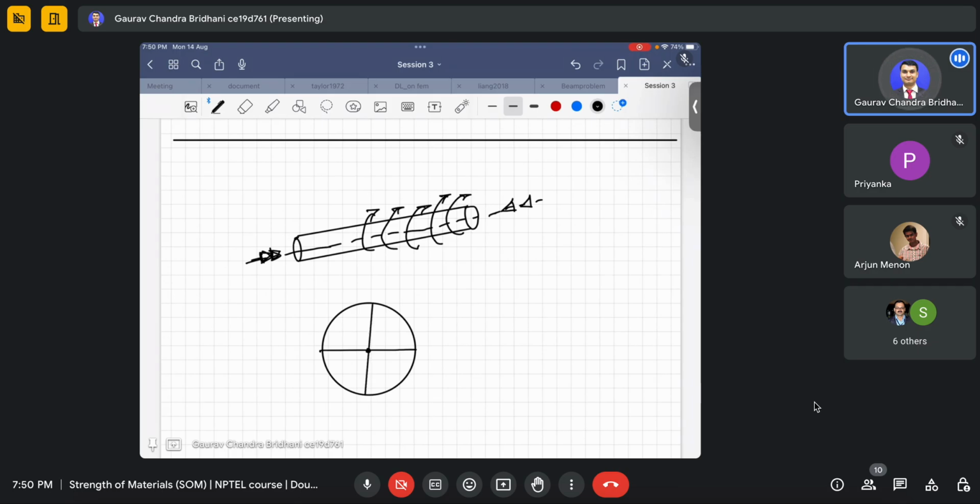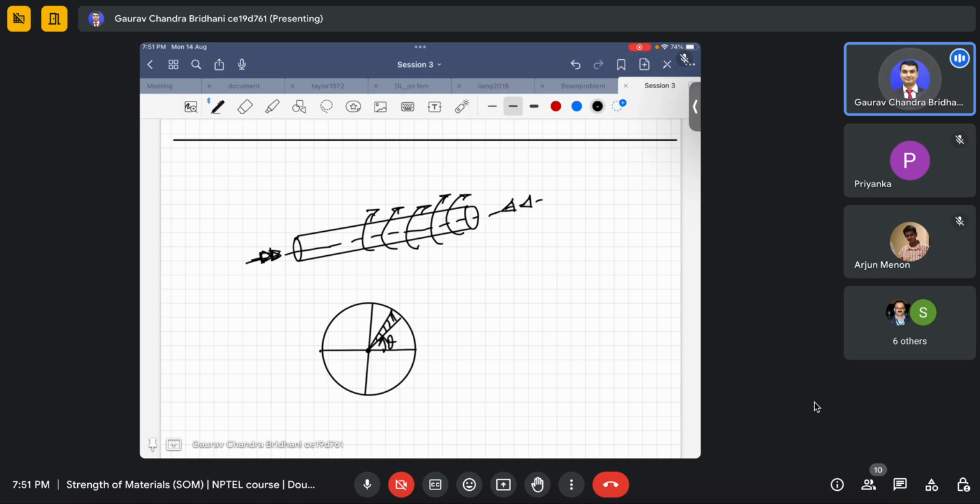After the chalk is rotated because of the torque, what will it do? If I look at a very small portion, suppose I am interested only in this portion, this portion will rotate by some angle theta.